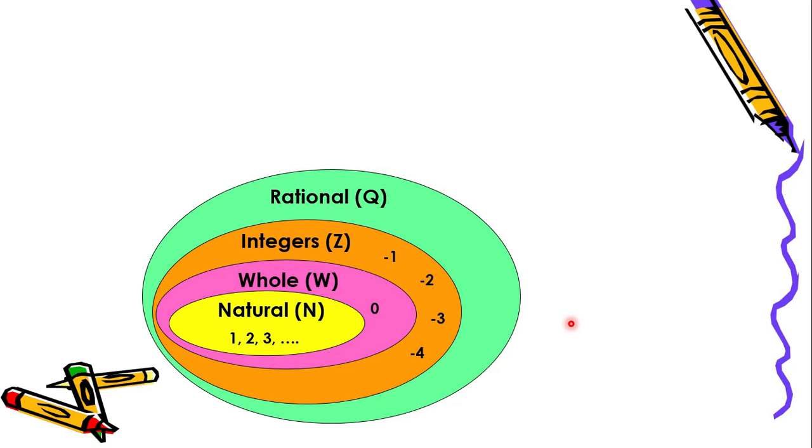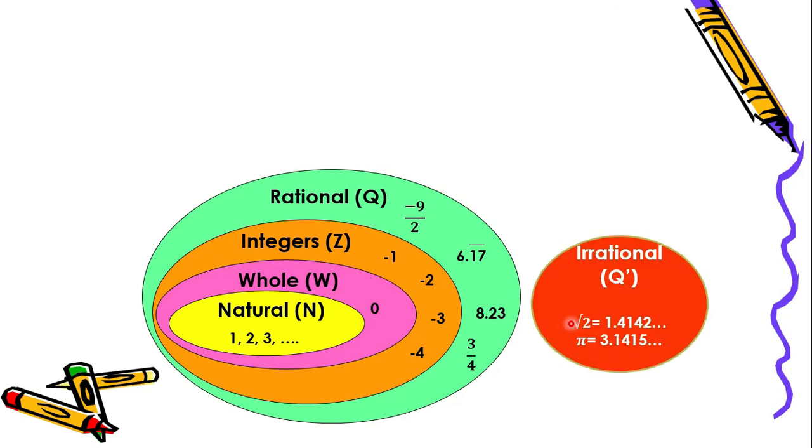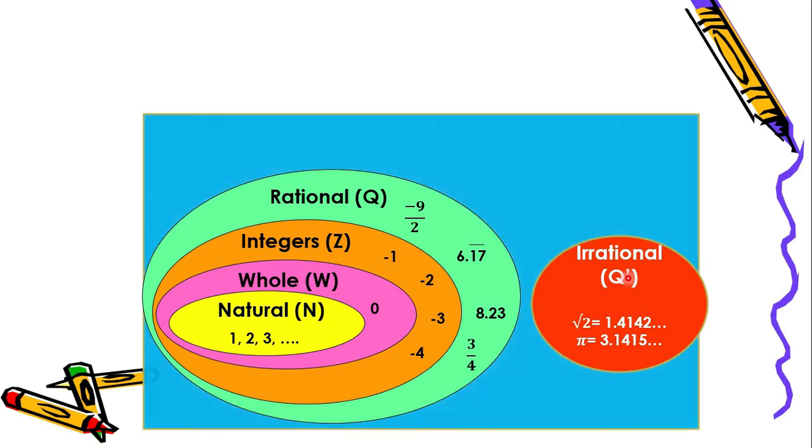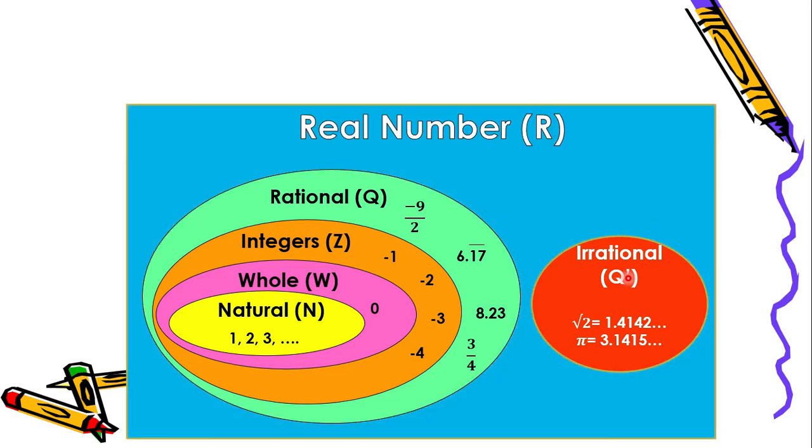Now, if those integers consist together with fractions that are terminating or repeating, those are what we call the set of rational numbers. And the separate set of numbers that are non-terminating or non-repeating, like for example square root of 2 or pi, those are what we call the set of irrational numbers. And all those kinds of numbers are what we call the set of real numbers.